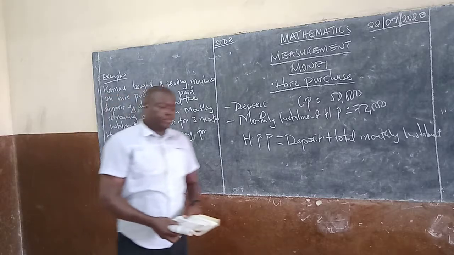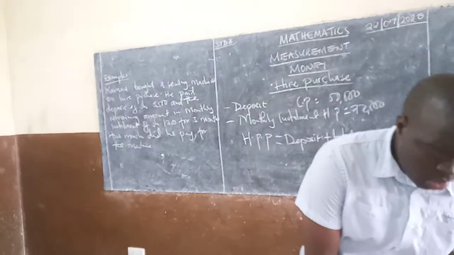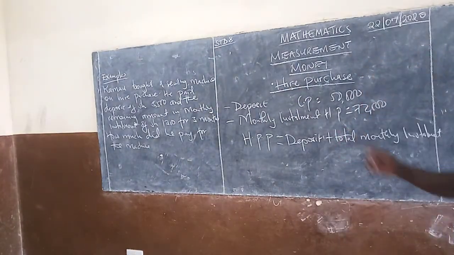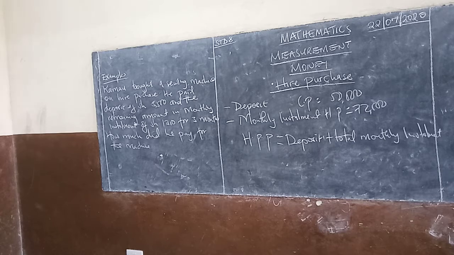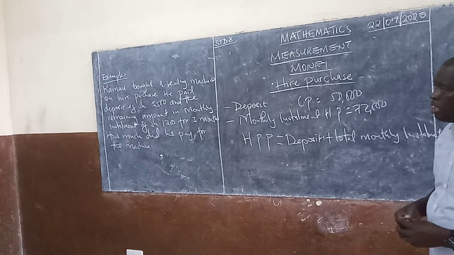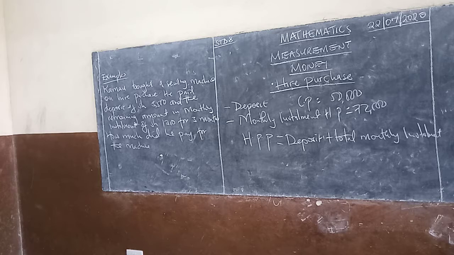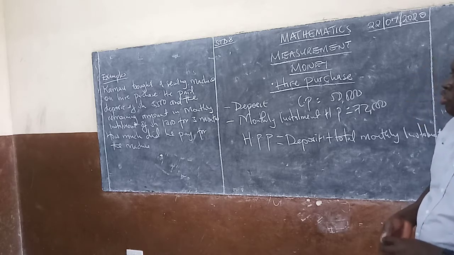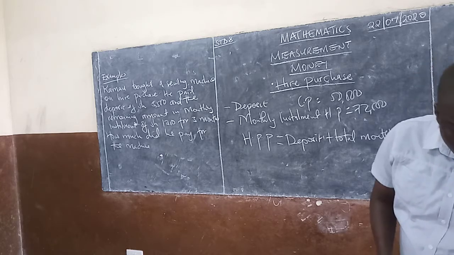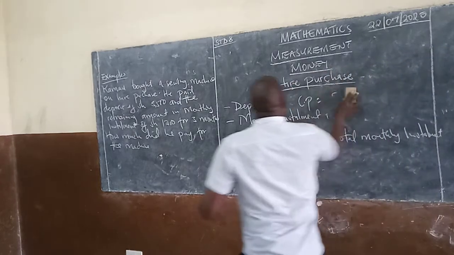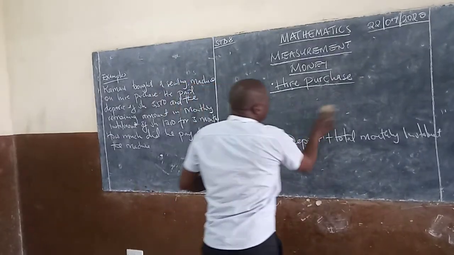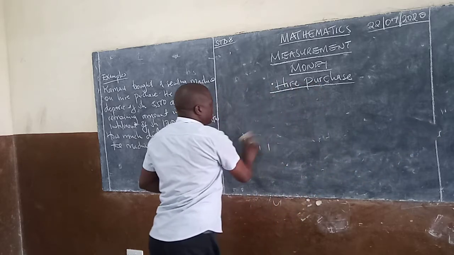Kamau does not have cash to buy the item, so he prefers the method of hire purchase, whereby he needs to pay a deposit of 3,500, and the remaining amount is paid in monthly installments of 1,200 Kenyan shillings. So we need to find out how much money he paid at the end of the 3 months.